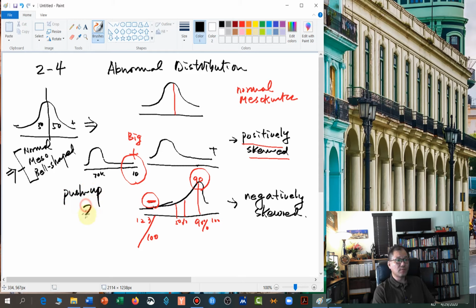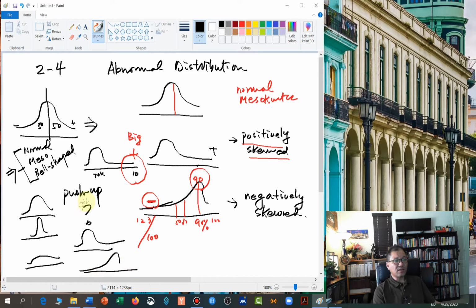Push-ups. What kind of distribution will you see? Okay, normal distribution. We have a leptokurtic. We have a platykurtic. We have positively skewed. And we have negatively skewed. If I collect data on your number of push-ups in class, what kind of distribution will you expect to see?